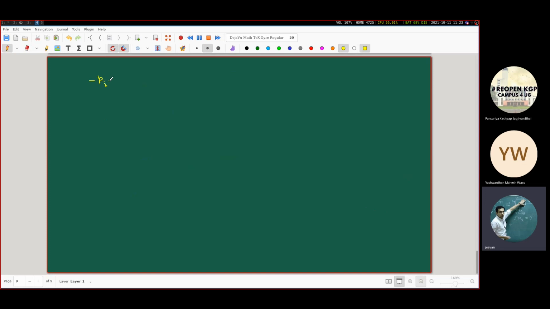So minus Pi, that is going to be equal to, after some simplification, A1 minus (1 minus 2 nu) A2 by Ri square.